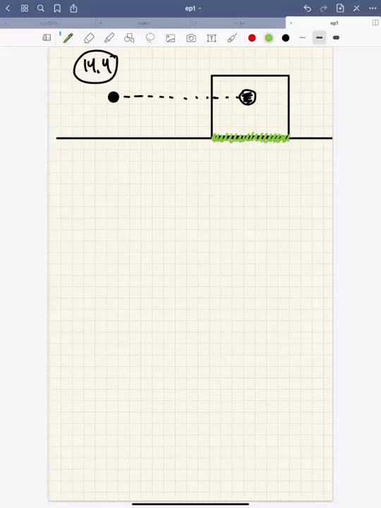Now, what do we know? We know that the bullet has a mass of 10 grams. That's 0.01 kilograms. We know that the bullet is moving with the speed of 200 meters per second. And we know that the mass of this box is 2 kilos.